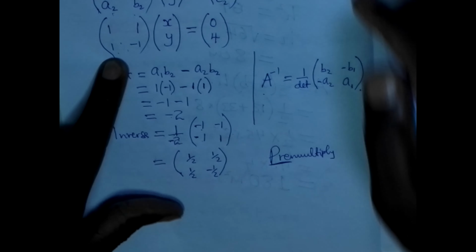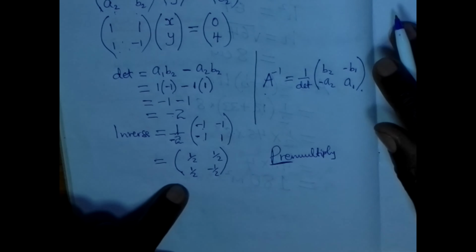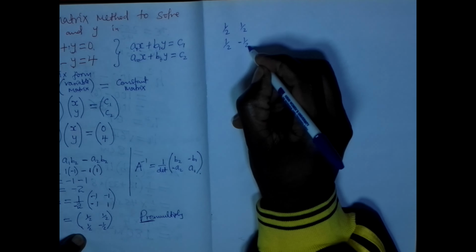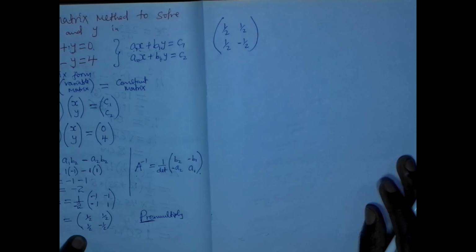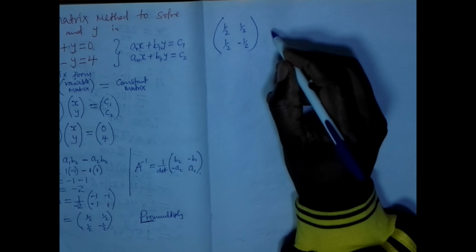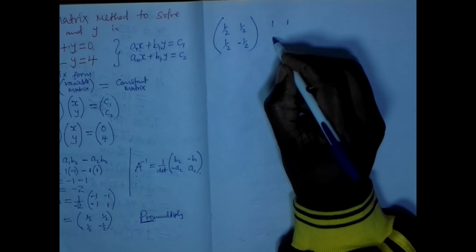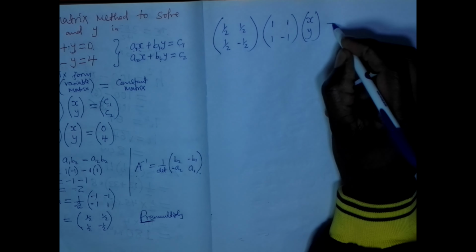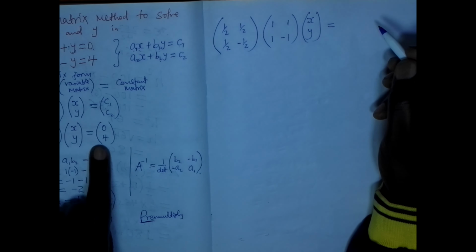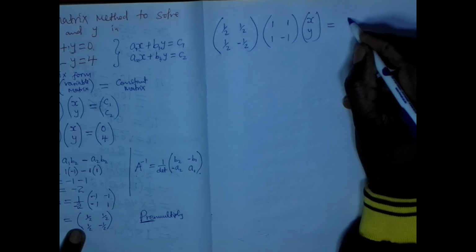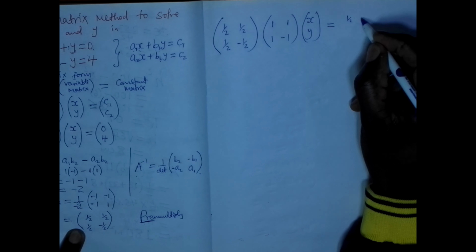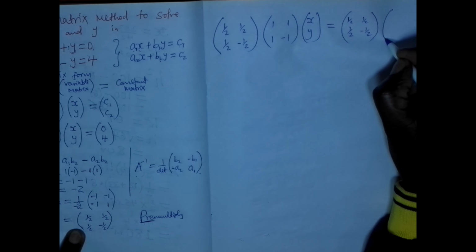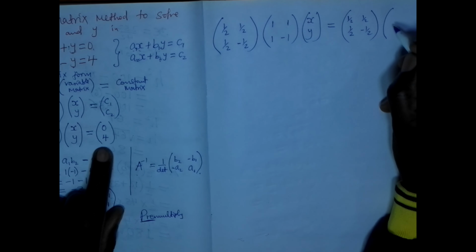So here we have the inverse, a half, a half, a half, negative a half, multiplied by the coefficient matrix, then by the variable matrix, which will be equal to, pre-multiplying again both sides, the inverse multiplied by the constant matrix 0, 4.